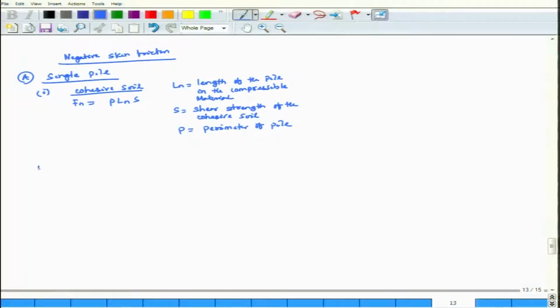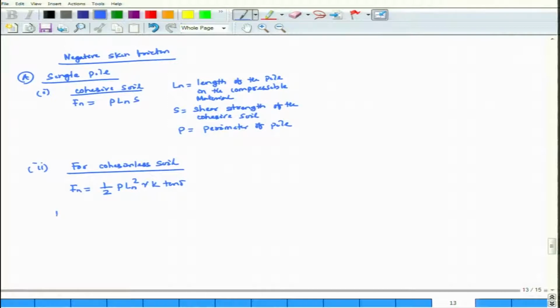Then the second part is for cohesionless soil. For cohesionless soil, it is half P L n square gamma K tan delta.